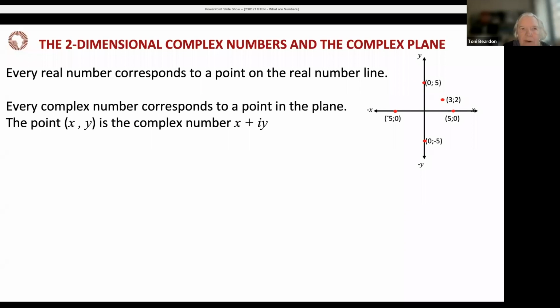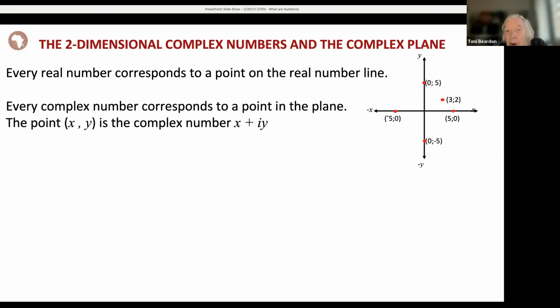Every real number corresponds to a point on the real line, which Tejamani talked about. Every complex number corresponds to a point in the plane. So x plus iy, the complex number, is represented by the point with coordinates x, y. The real numbers 5 and minus 5 that you see there are on the x-axis in the diagram.